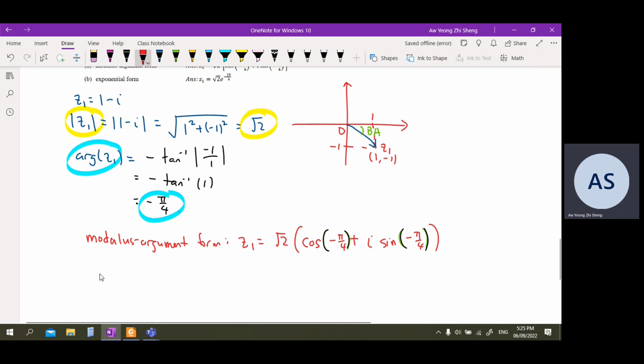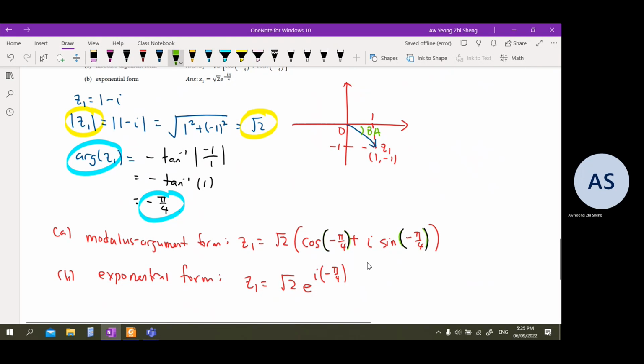and exponential form. Exponential form will be easy because it requires the same pair of information, r and theta. The subject is still Z1 because it's the same complex number Z1 written in different forms. I have square root of 2, e power i times theta, so it is i times negative pi over 4.